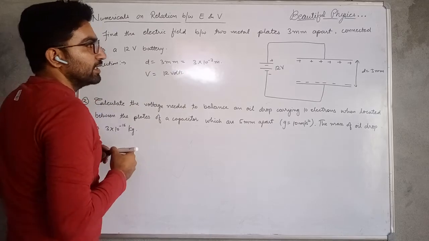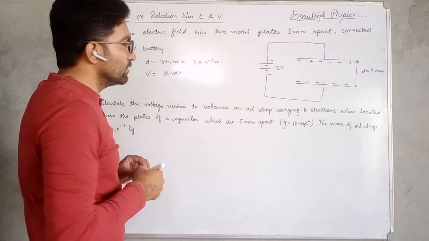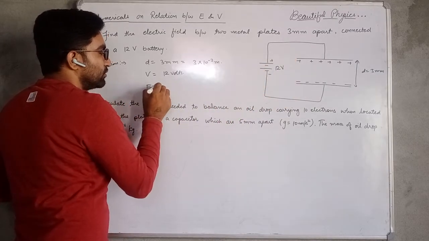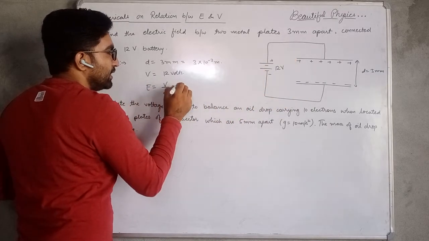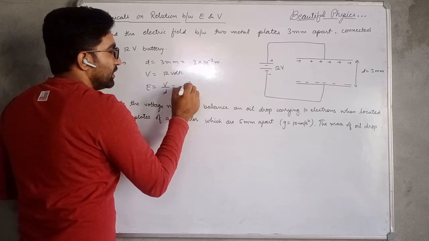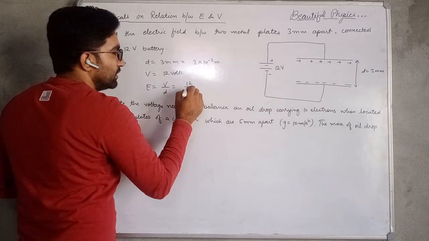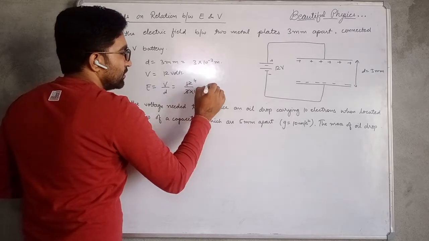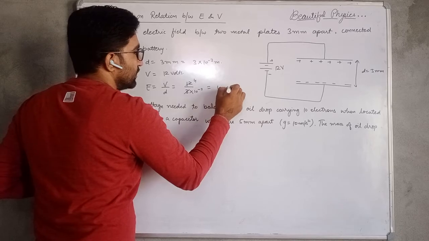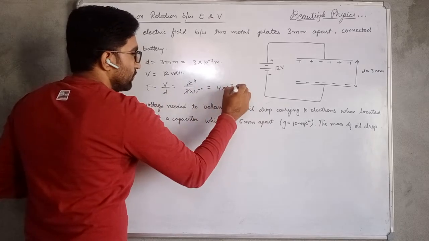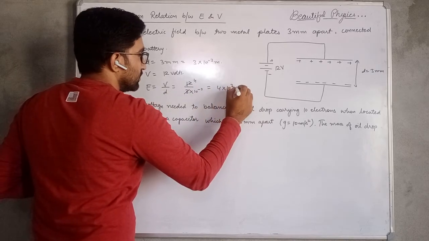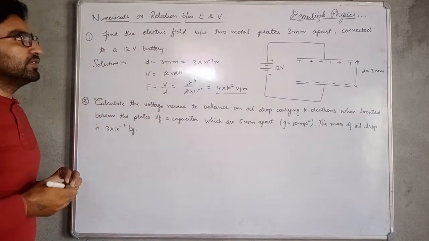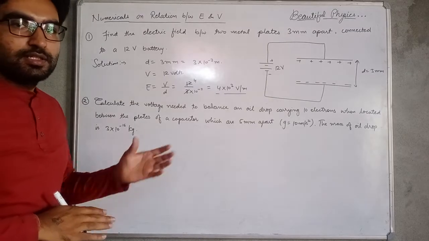Then we know that here the electric field is constant, the potential is constant, and the separation is not varying, so we will use the relation E equals V by D. Here V is 12, and D is 3 into 10 raised to power minus 3. 3 fours are 12, so it will be 4 into 10 raised to power 3 volt per meter. It is the electric field between the plates of the capacitor.